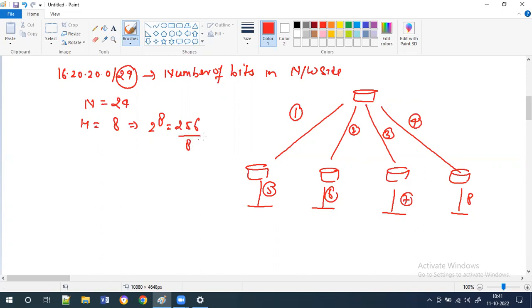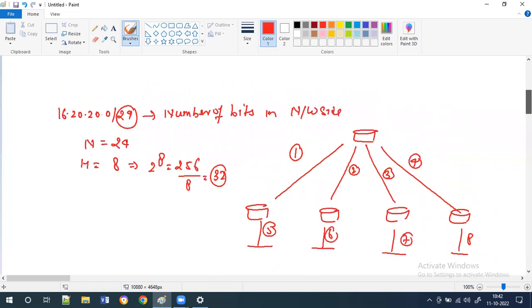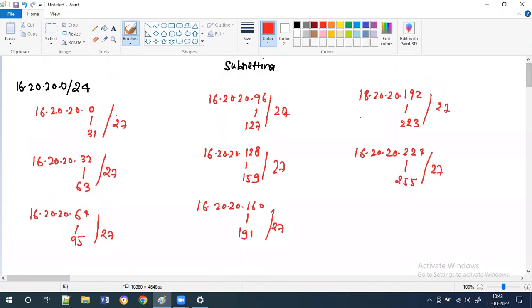So if you divide 256 by 8, it would come to 32, right? The total IP addresses you have is 256, the big pool. In that, 32, 32, 32, right? So this is what we have done, and the difference is 32. 0 to 31 means the difference is 32, right?